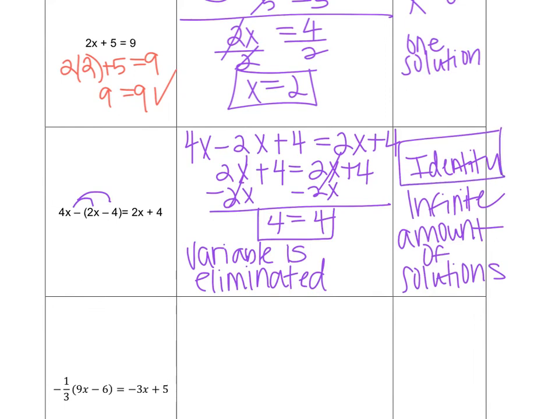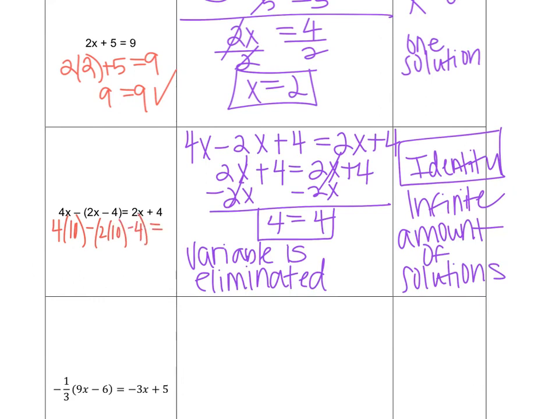What I mean by that is you could plug any number you wanted to in for x, and you would always get a true equation. So let's try it. If I was there in class, I'd have y'all shout out some numbers to me, but I'm not. So let's try 10. That's an easy one to plug in. So I'm going to plug in 10 into this equation. 4 times 10 minus 2 times 10 minus 4.